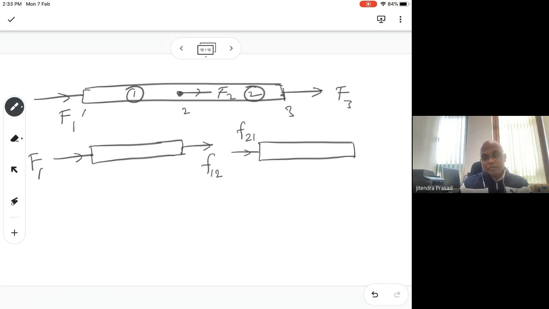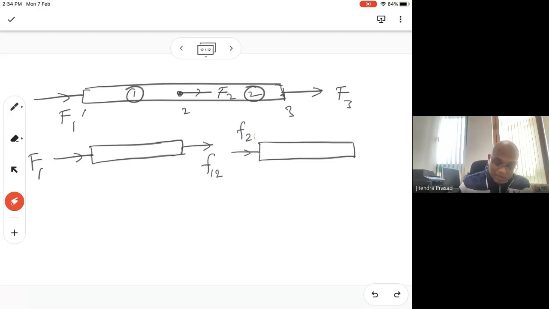Or let's see the nomenclature. Just hold on, we write differently. Yeah, so this is fine, I guess.